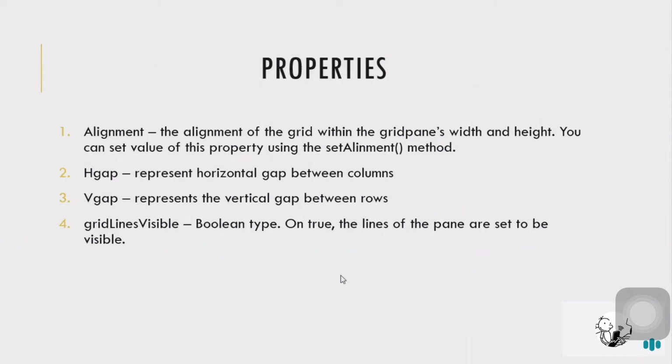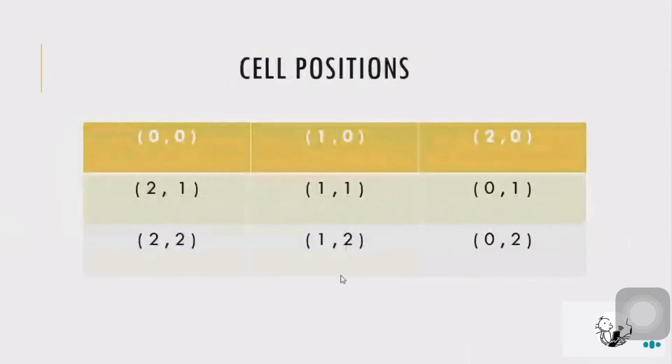On a true result, the lines are set to be visible. For a false result, the lines of the pane are set to be invisible. These properties I will show you in the coding that I've done.